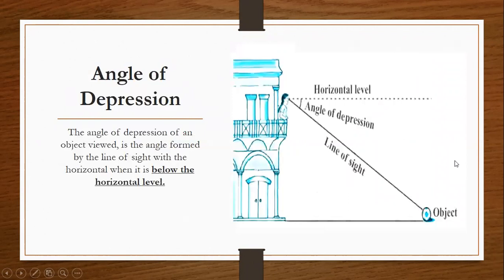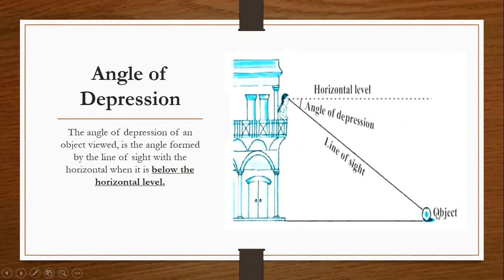Now suppose we are standing on top of a building and we are looking at an object below, then from the horizontal level we are looking down. Horizontal level is the frame of reference for us. From that we are looking down, that is called the angle of depression.